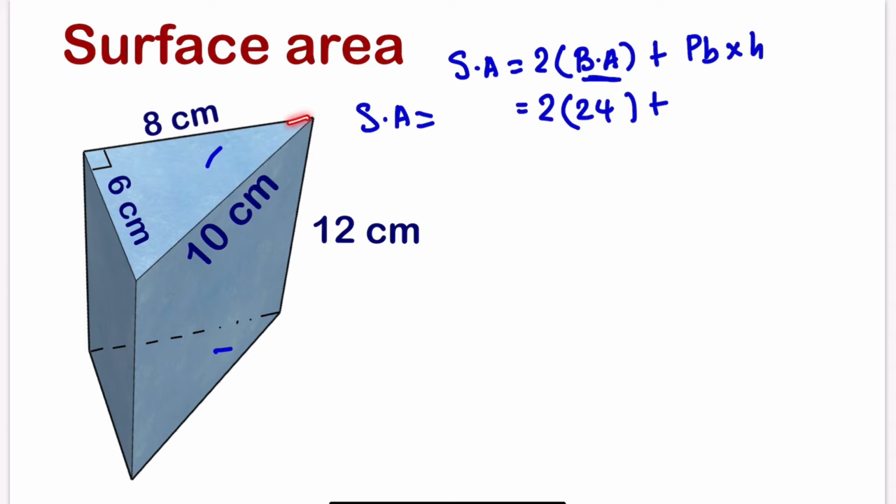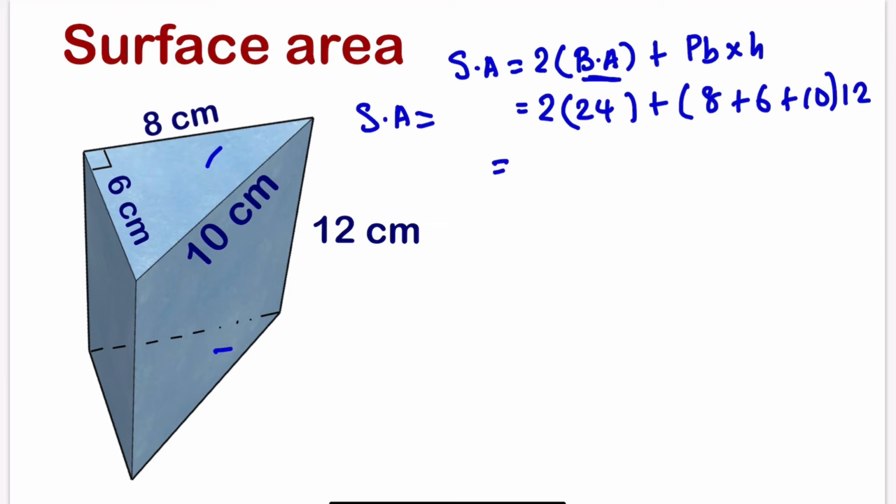So we are going to have 8 plus 6 plus 10, bracket 8 plus 6 plus 10, times the height of the prism, so times the height, which is 12.